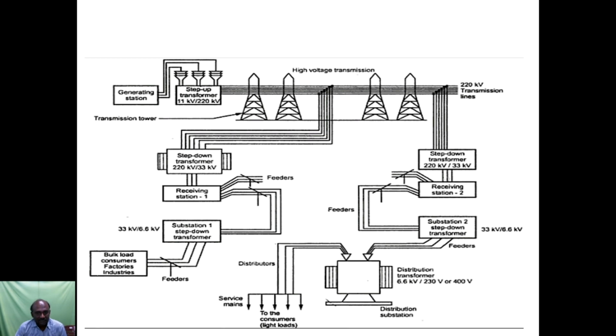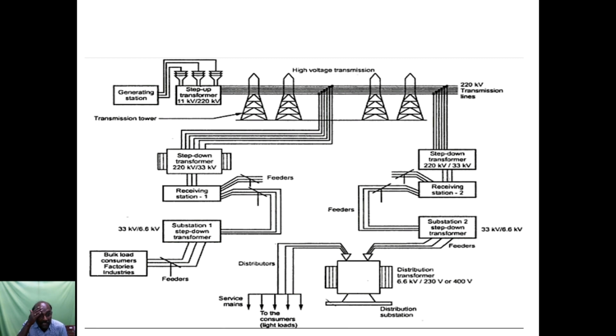Again, in the primary transmission itself, we can step down. Suppose the industries need very high voltages, directly we can step down the voltages and use them for their industries. So here 220 kV to 33 kV.